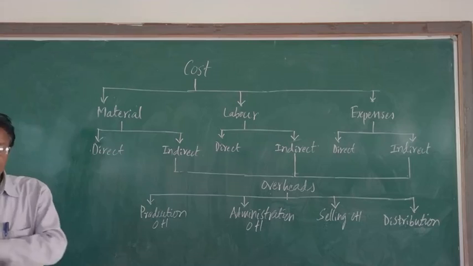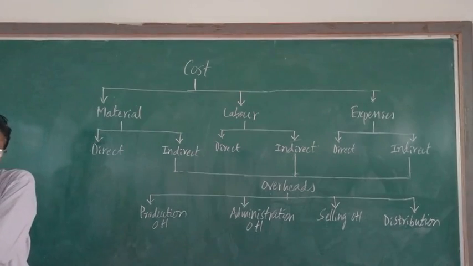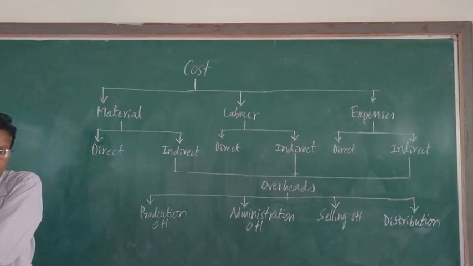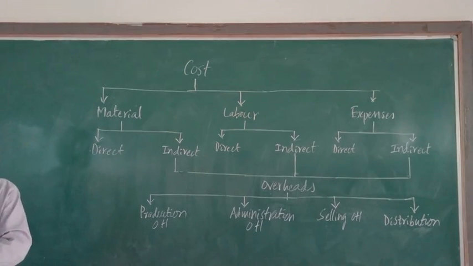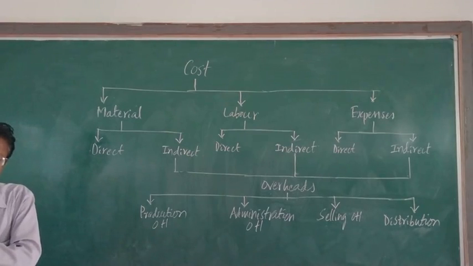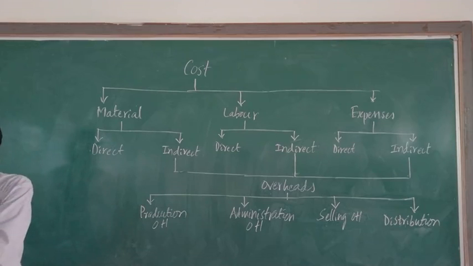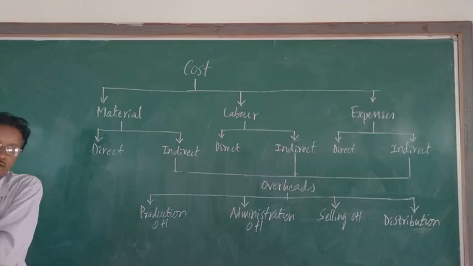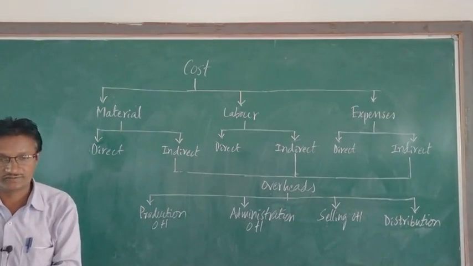And another type of classification: when cost is classified according to behavior, there are three types of costs: fixed cost, variable cost, and semi-fixed or semi-variable cost. Those costs which remain unchanged with the increase or decrease in the volume or level of activity are called fixed cost.